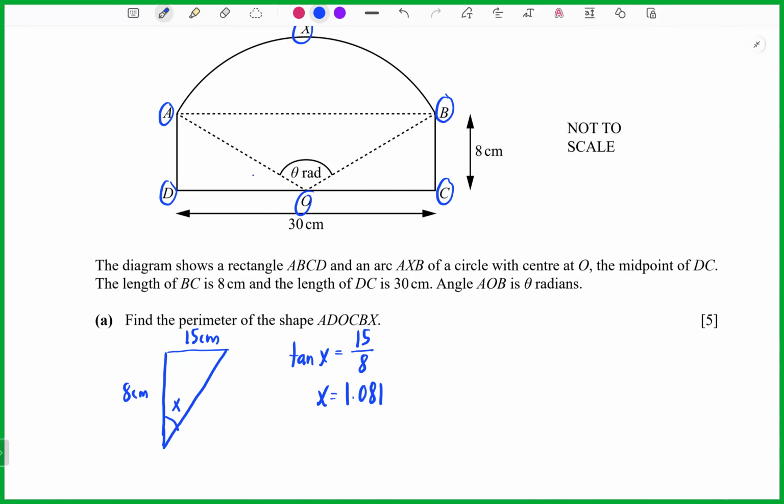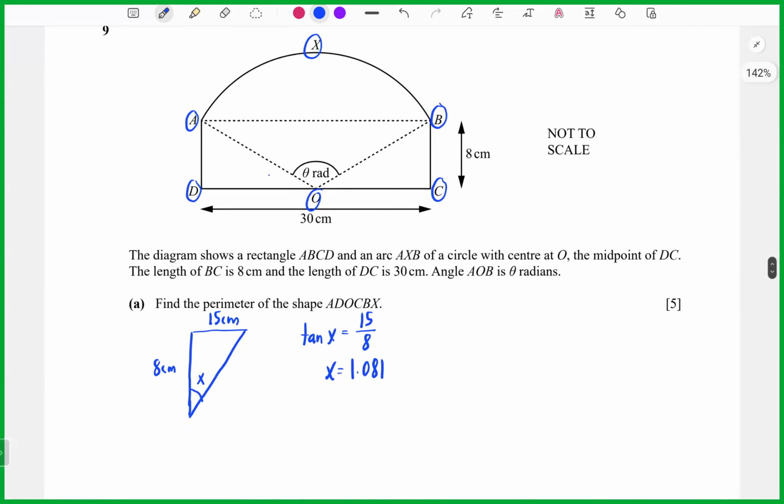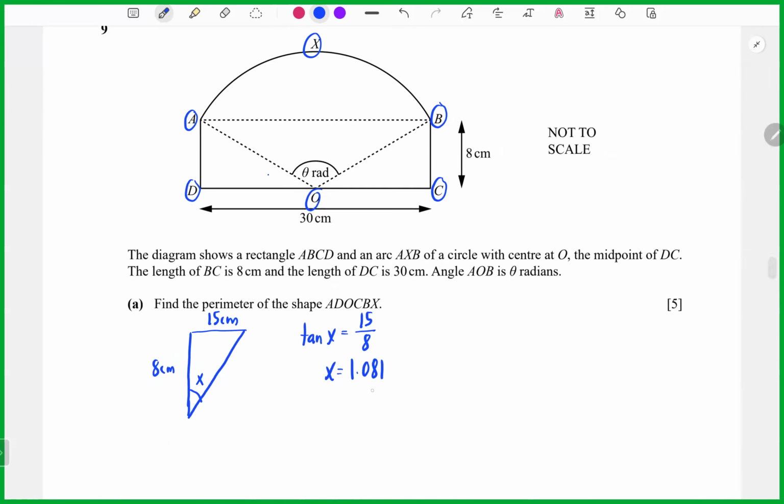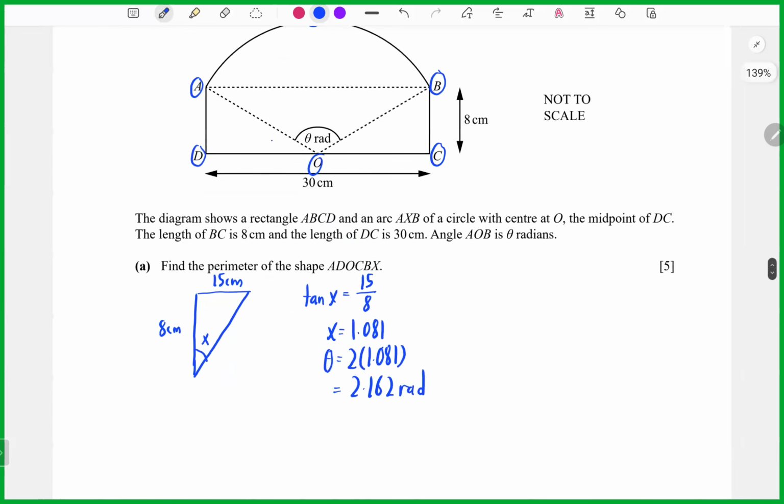So x equals 1.081. So theta will equal 2 multiplied by 1.081, which equals 2.162 radians. Okay, so now we can try to find out.